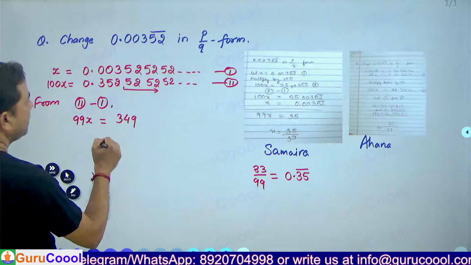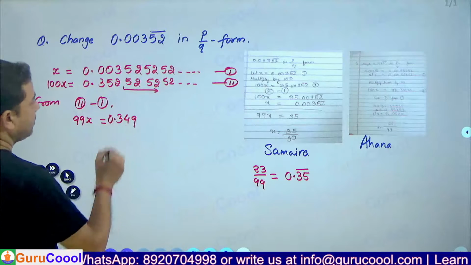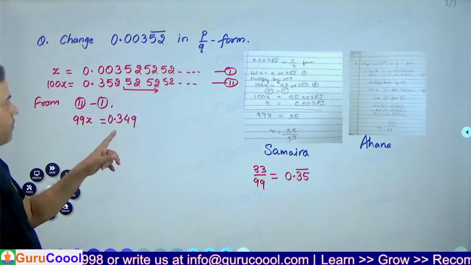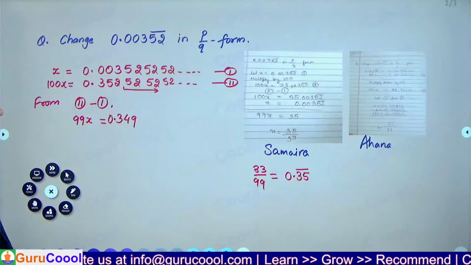I am getting 0.349. Is that okay? Check it. Yes.